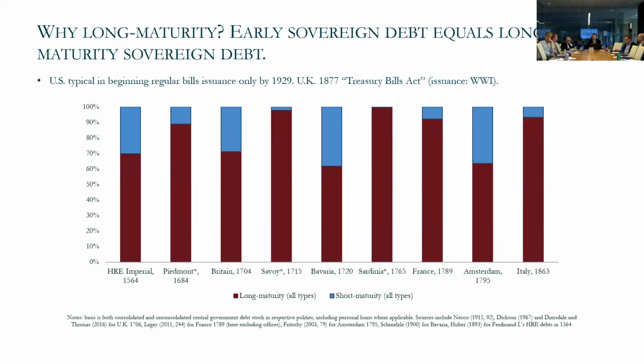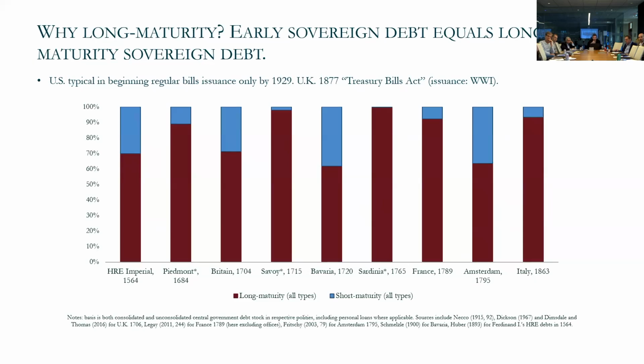That's my definition of short maturity as well. So the point here is historically public debt activity was firmly in the long maturity spectrum. So to construct a coherent series forces you, once you recognize this, onto the long maturity spectrum.